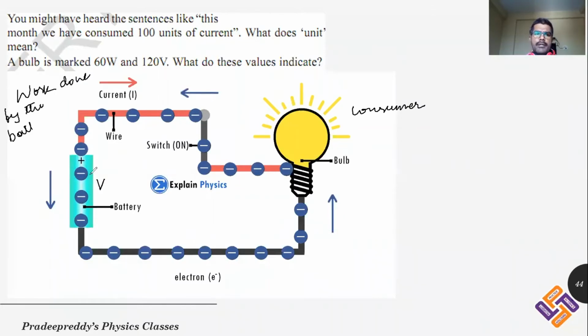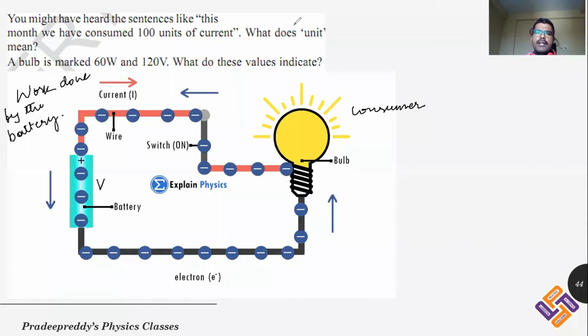Who is responsible for the motion of electric charge in the conducting wires? It is the battery. The battery offers some potential difference to the conducting wires. As a result, electric charge flows from the high potential region to the low potential region. So the battery does some work on the electric charge.